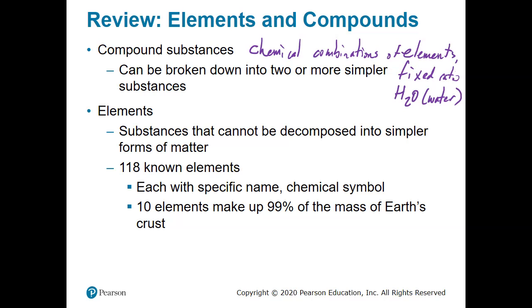Because they are made of multiple substances, we can break them down into simpler substances. This is a process that usually involves either the use of heat, light, or electricity.